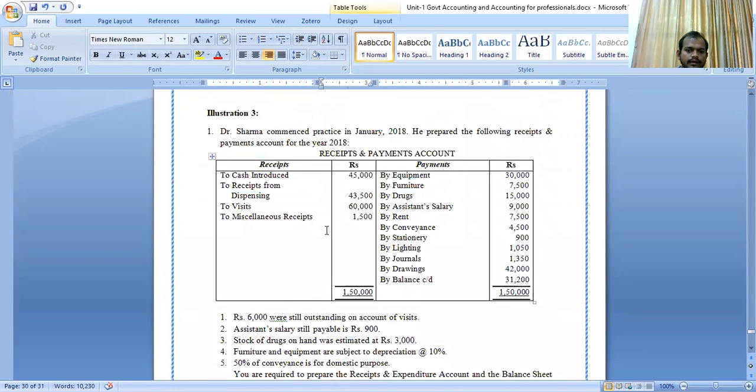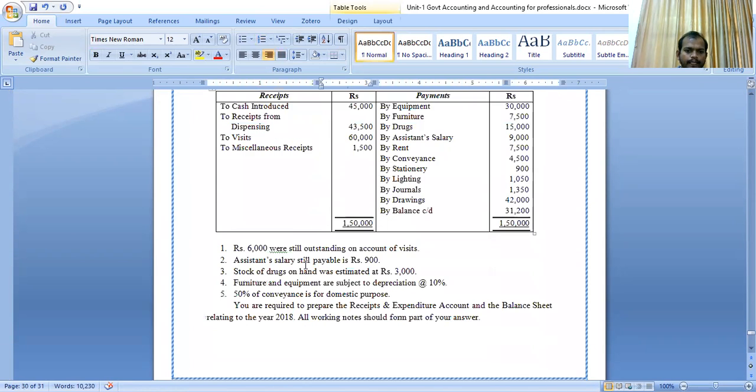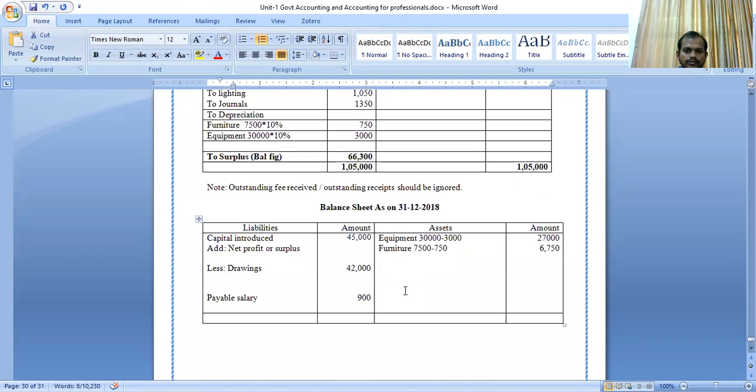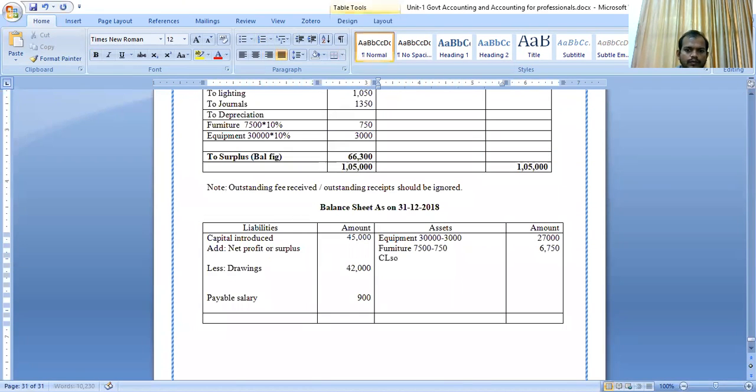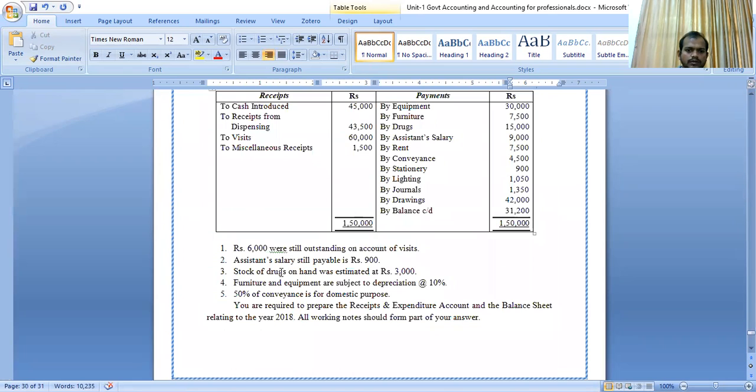It's a current liability. So stock of drugs, closing stock 3,000.